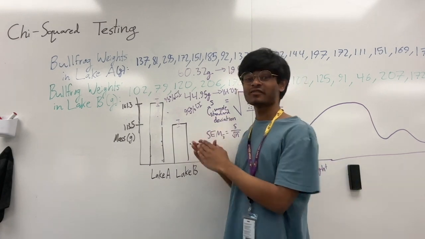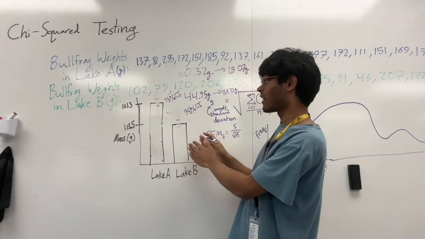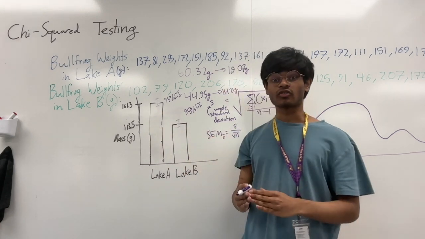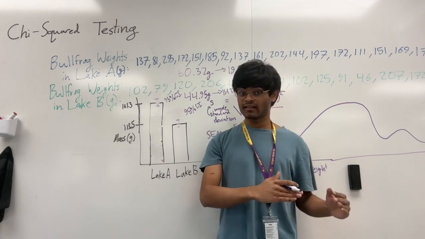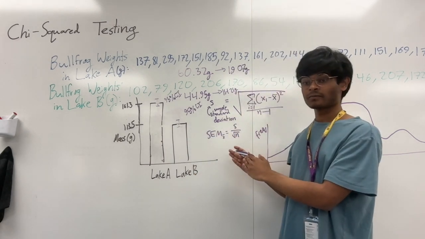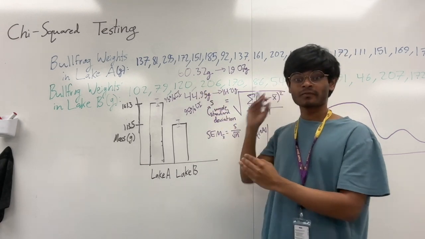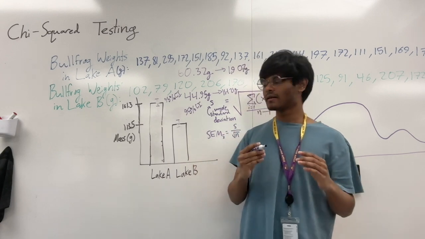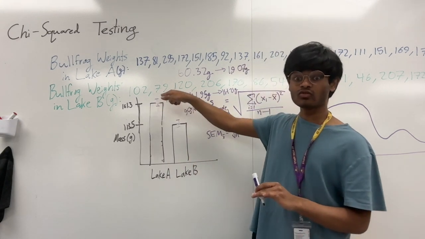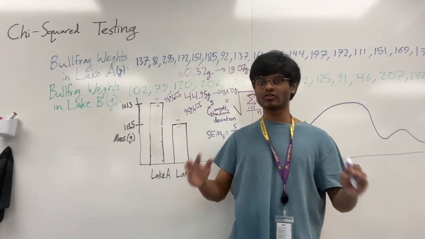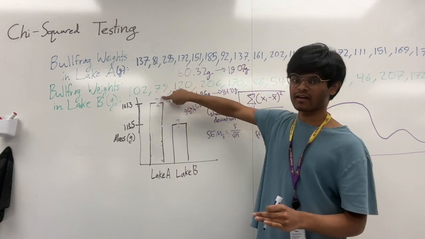We can pretty confidently say now, in fact, very confidently say, that the bullfrogs in Lake A are larger than the bullfrogs in Lake B. What standard error of the mean has let us do is take a bunch of data, find the mean, and describe how confident we can be, in what range we can be that confident, that the real population mean falls somewhere there.